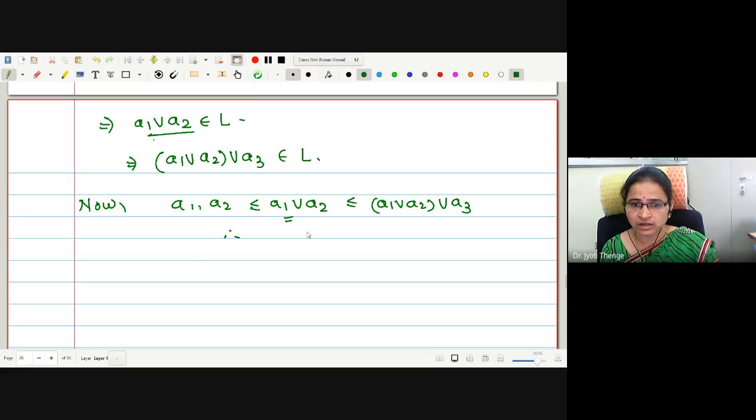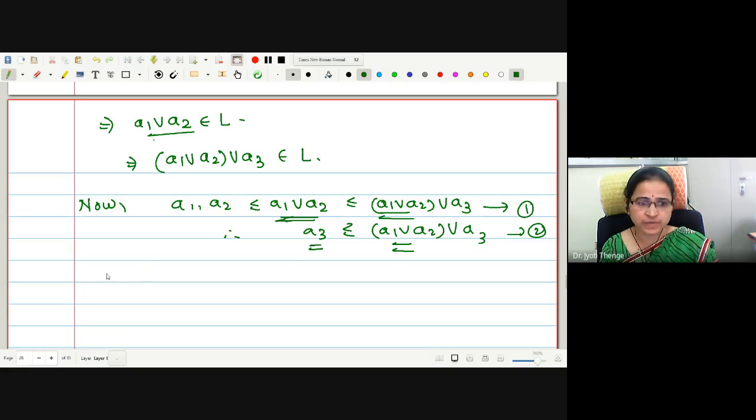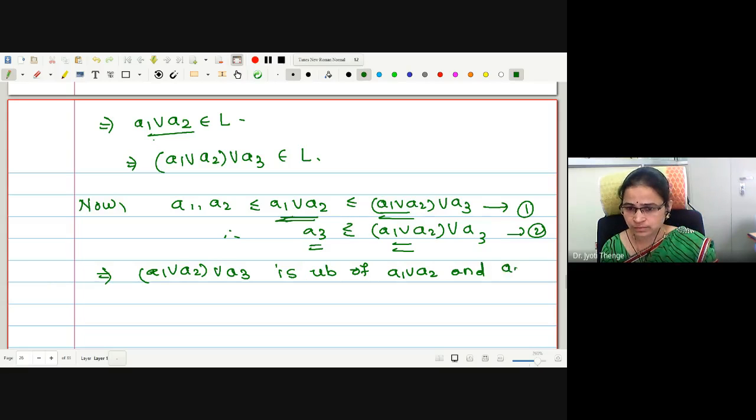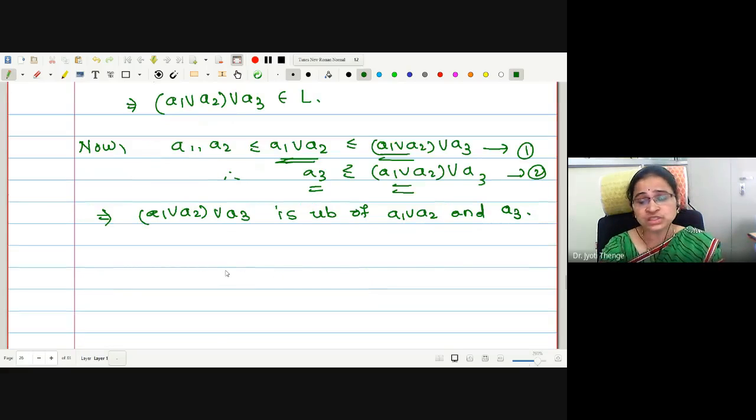Here I can write A3 also precedes by A1 join A2 join A3. Therefore, from this 1 and 2, A1 join A2 precedes by this, A3 also precedes by this. Therefore, one can say A1 join A2 join A3 is upper bound of A1 join A2 and A3. Right now. So we have proved this is an upper bound.